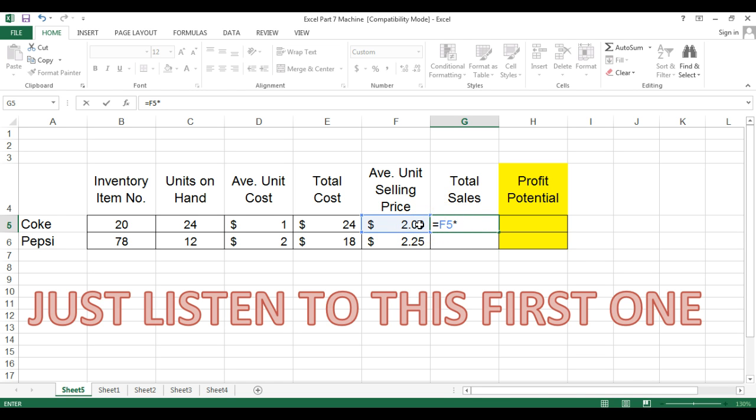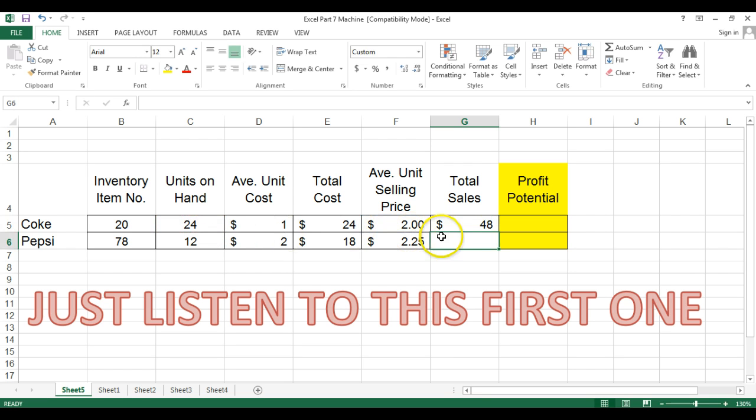So we're selling each bottle for $2. We've sold all the bottles that we had bought previously. So we're going to take that selling price, and we're always going to multiply it with that units on hand.